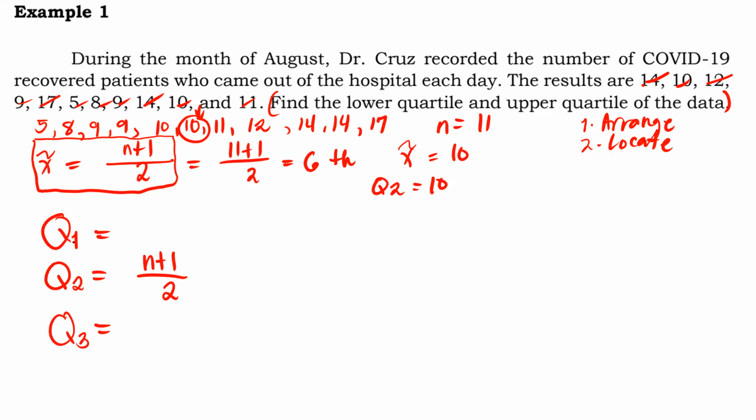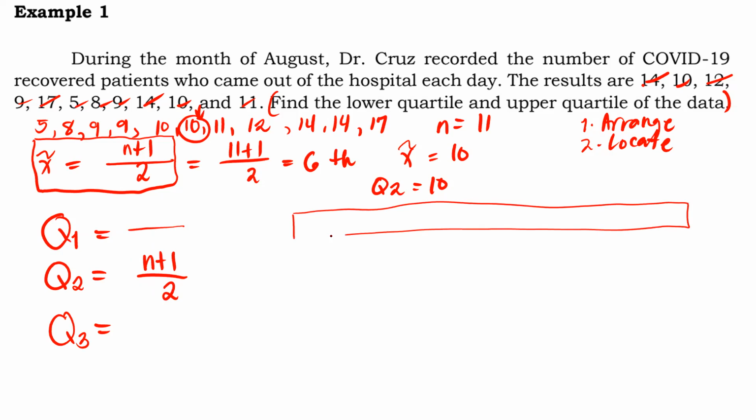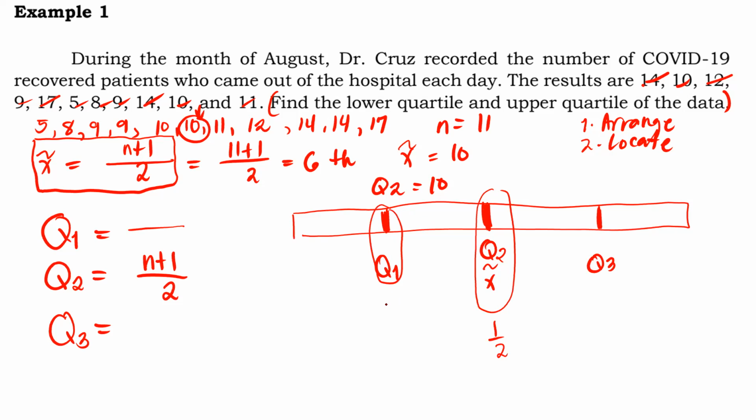So si Q sub 1, para po makuha natin, malocate natin yung data, tingnan natin ano, remember na kung ito yung data natin, ito yung middle score, let's say this is the Q sub 2 or the median, ito po yung part na Q sub 1. At ito naman, yung part which is Q sub 3. So as you can see, ito, 1/2, ito, ano po?